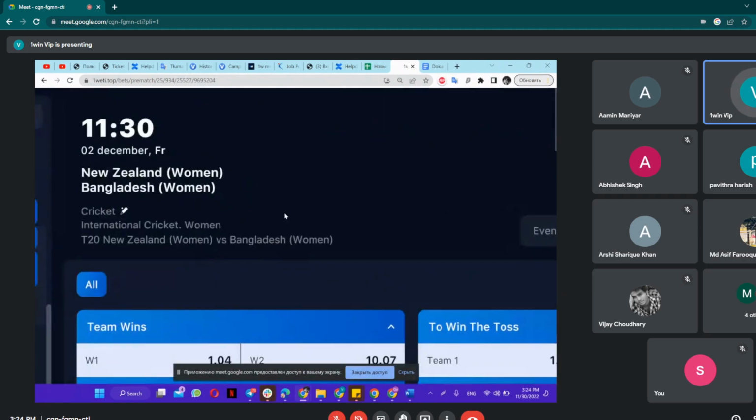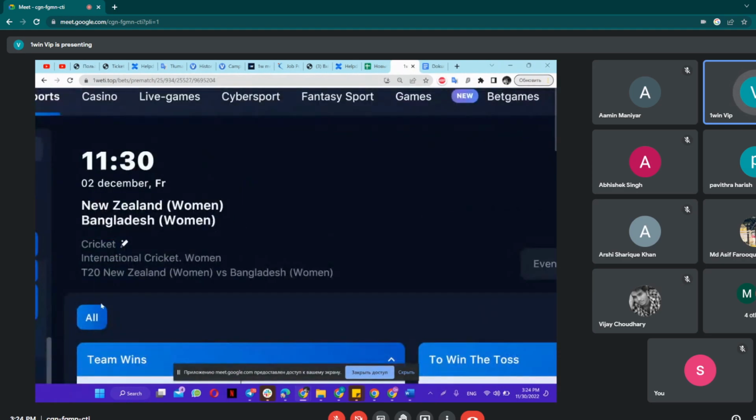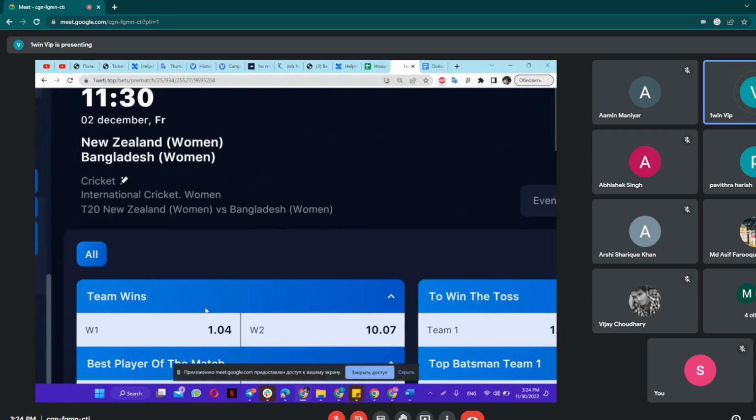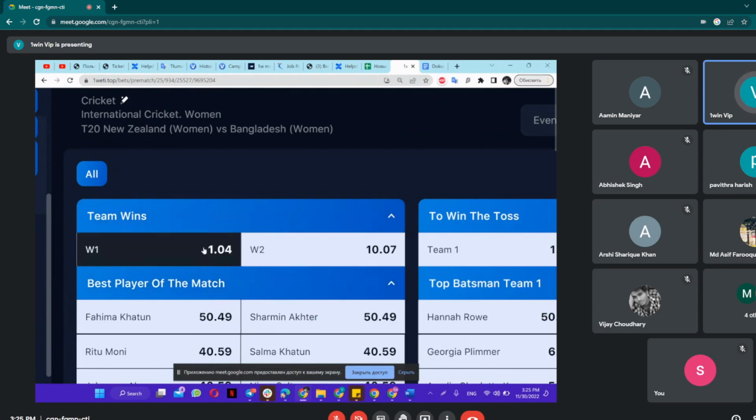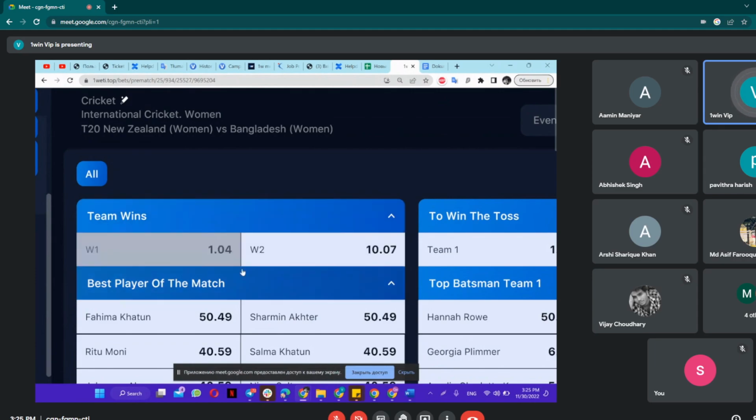So in the case of T20 women's cricket, we have the first bet, which is called team wins. What is the first difference between team wins and 1x2? In 1x2, we have three possible ways: full range of betting, no refund. In team wins, as you can see, we don't have betting on draw.